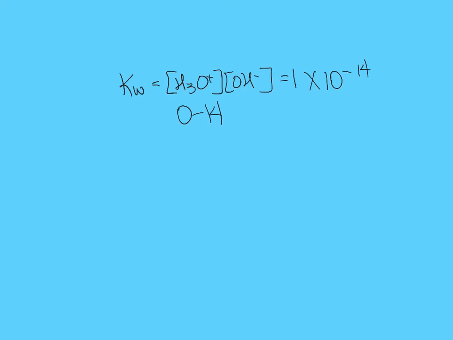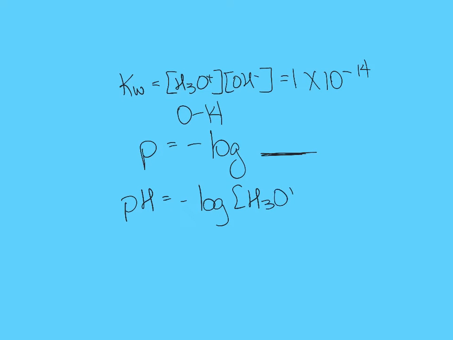And if p simply means negative log of something, if pH is the negative log of my hydronium ion concentration, then because that lowercase p just represents a numerical operation you perform on a number, I can also have pOH, which would literally mean the negative log of the hydroxide ion concentration.